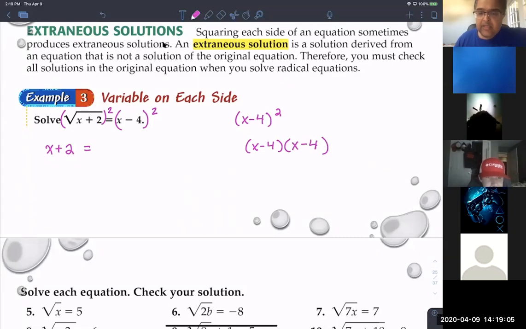And then remember, we did this problem before in the previous chapter. We would FOIL. So we get x squared minus 8x plus 16. Okay. Is everyone following with me? What I've done so far? Have I upset anyone yet?